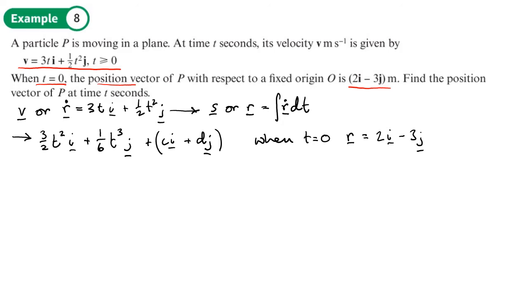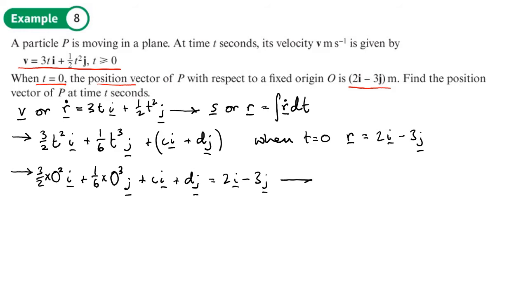So it'll be 3 over 2 times 0 squared i, because t is 0, plus 1/6 times 0 cubed j, plus c i plus d j is equal to 2i minus 3j. From that we should be able to work out what c and d are. Notice that all of this becomes 0, so that means that c is 2 and d is minus 3.